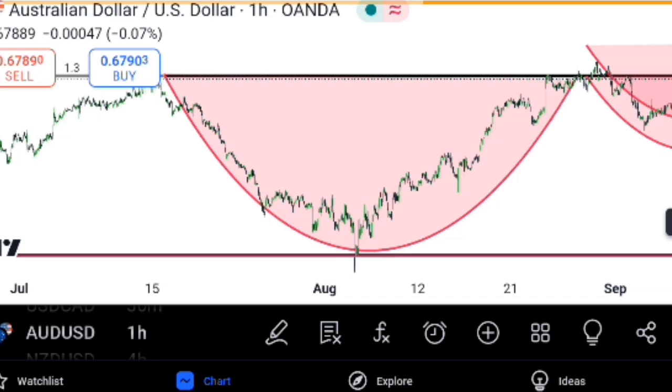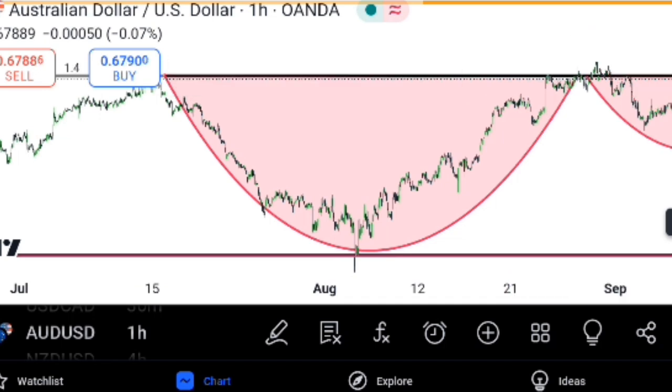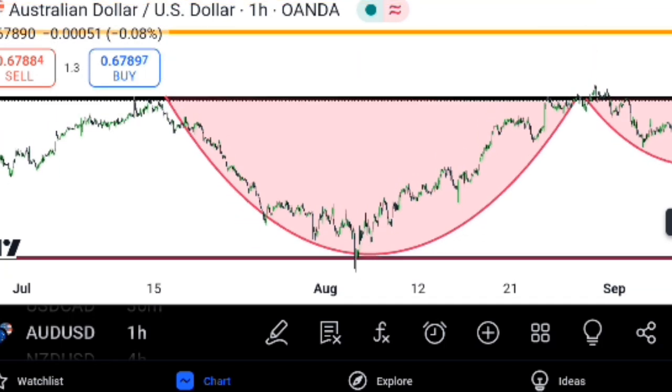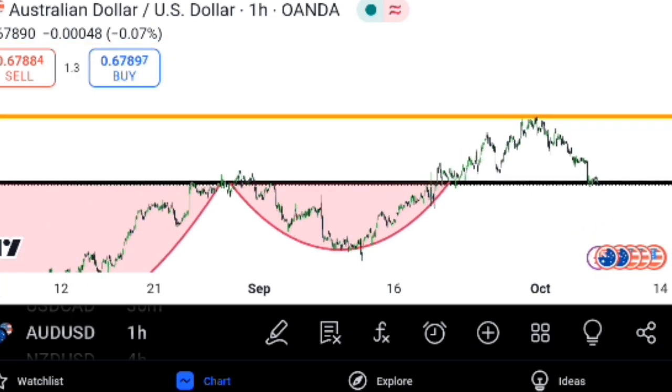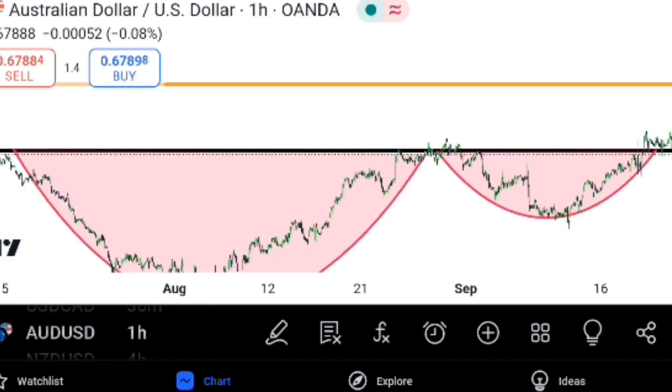So to measure our TP, you measure the distance that this has moved, from this bottom up to this top. You measure how many pips it moved, and then you bring it up here to the upside.